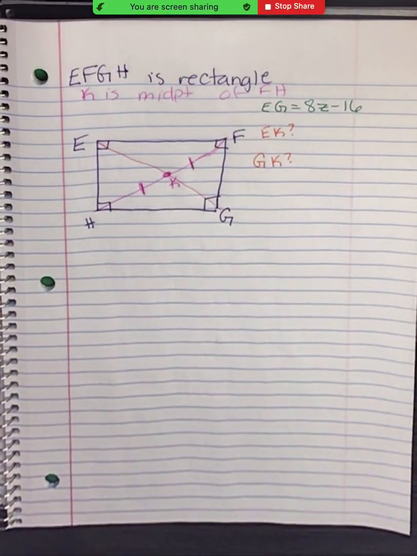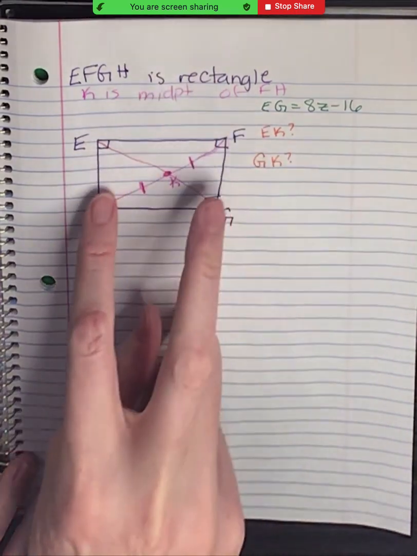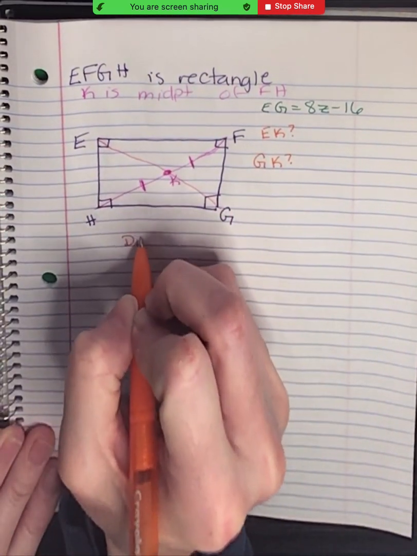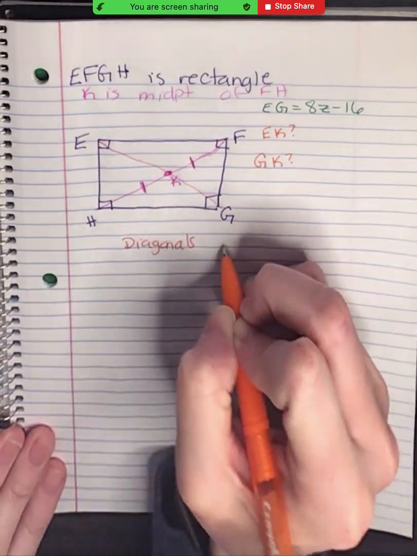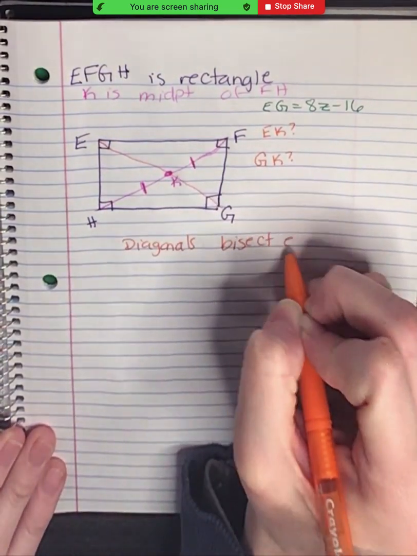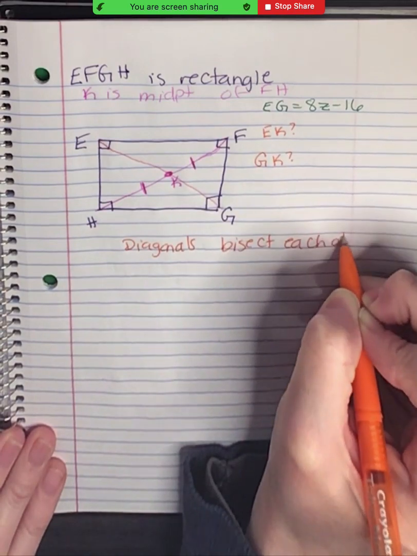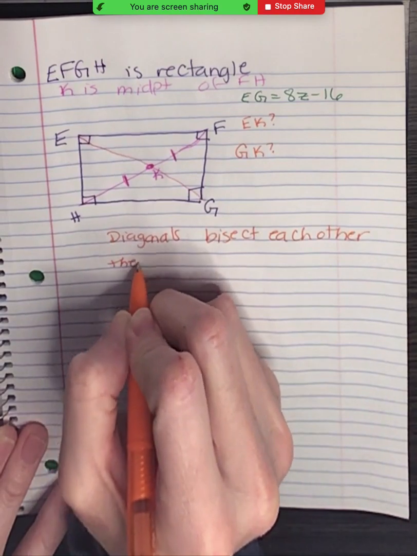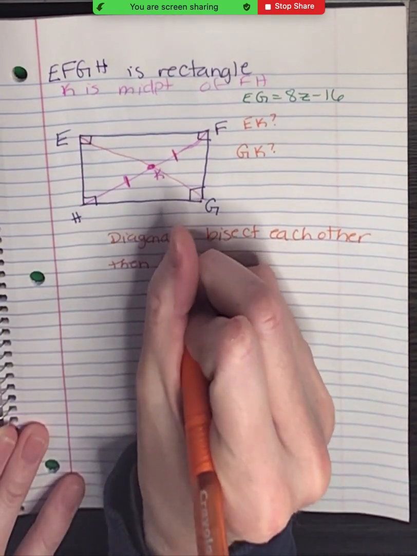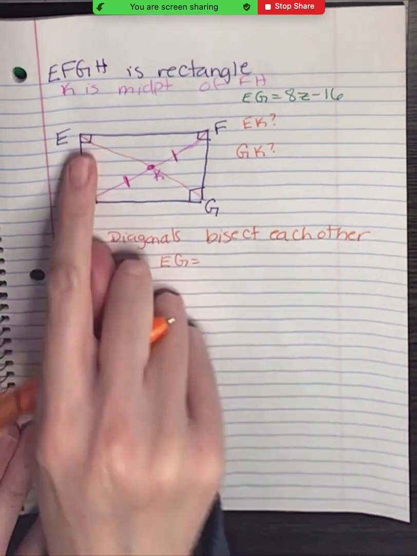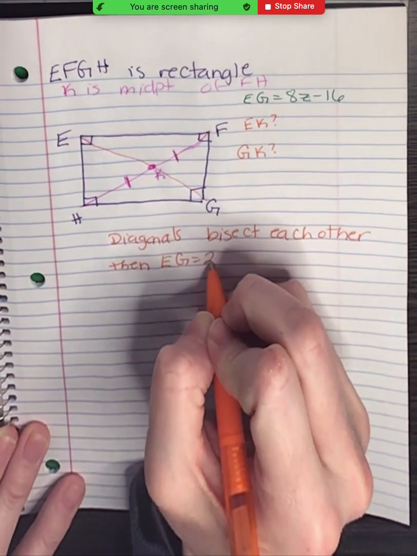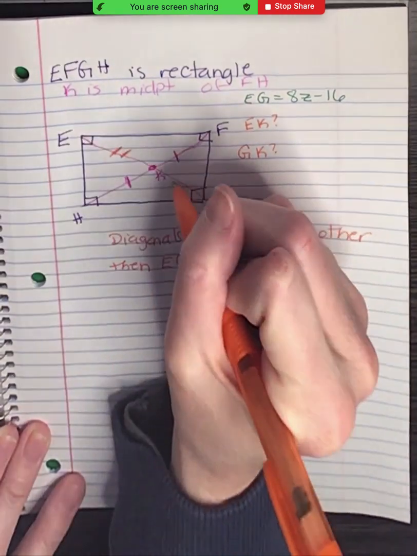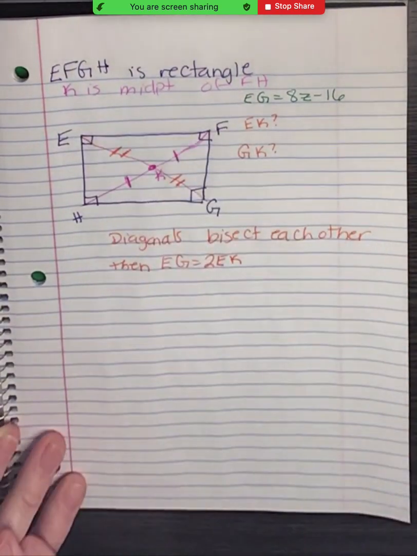Since it's a rectangle, you know it's a parallelogram, which tells you the diagonals bisect each other. So you know that EG is a diagonal, so that's equal to twice the length of EK because it's been bisected, so EK and GK are equal.